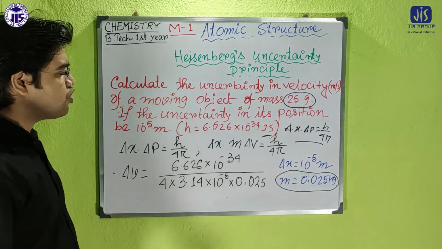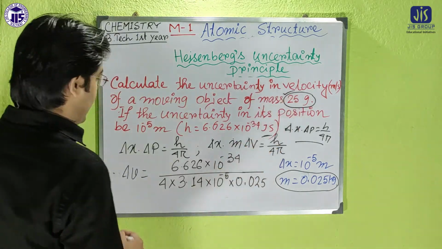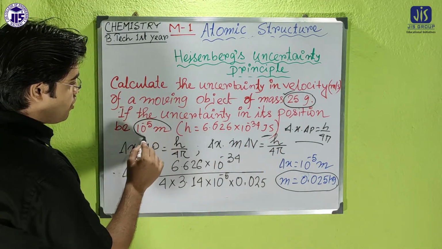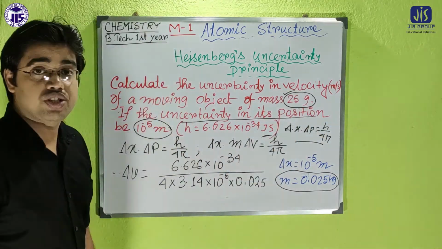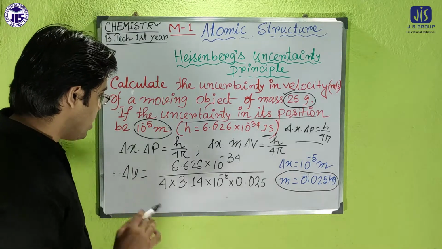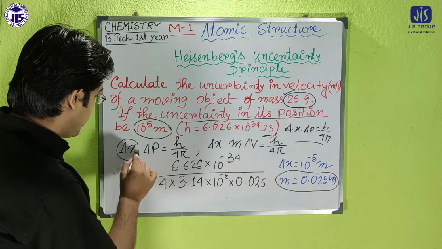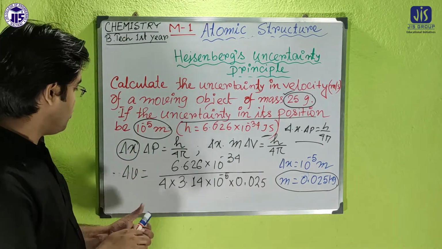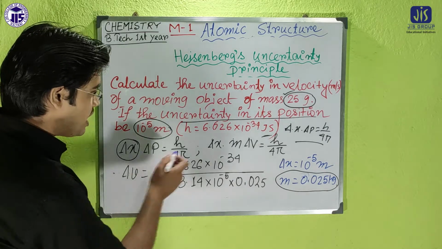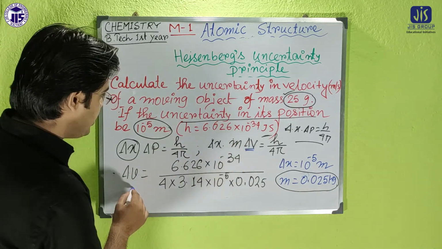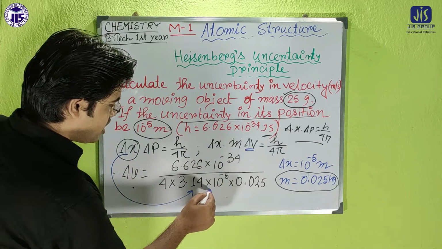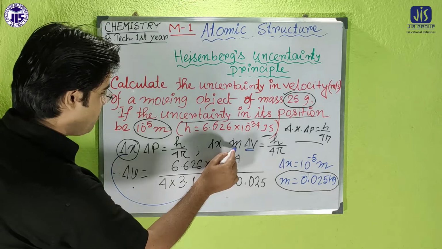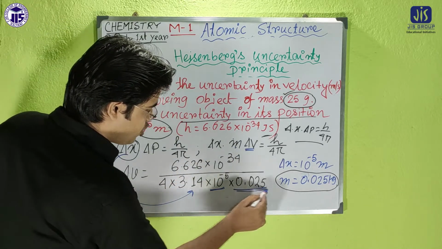Another thing given is 10 to the power minus 5 meter. What is it? It is the uncertainty in its position, that is, del x. So when we take del v, del x will be 10 to the power minus 5, and m will be 0.025.